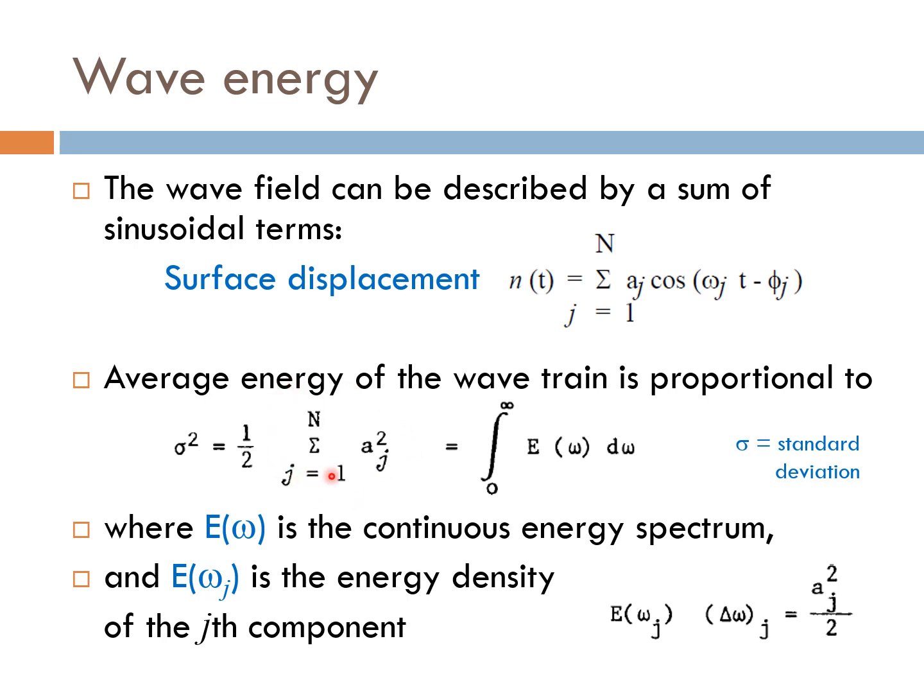So essentially what we are highlighting here is that the energy spectrum is proportional to the square of the amplitude of the individual wave component.